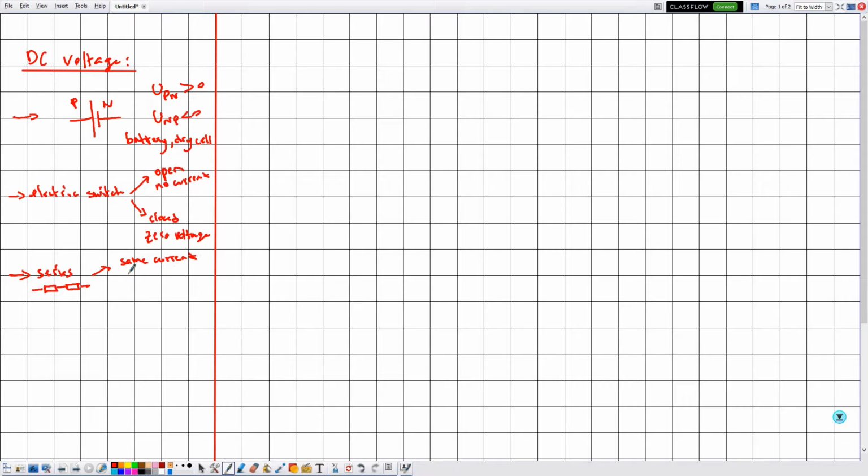This is known as the law of uniqueness of currents. And what about the voltage? The voltage is additive. So, law of addition of voltages.